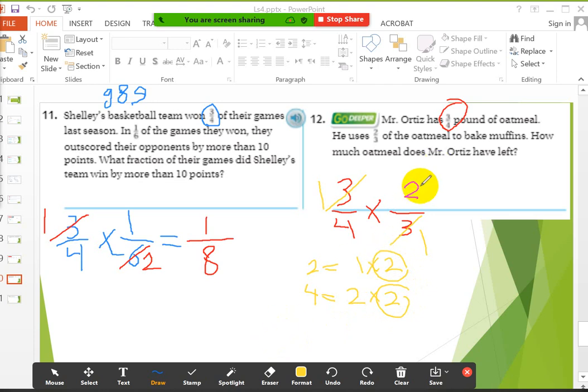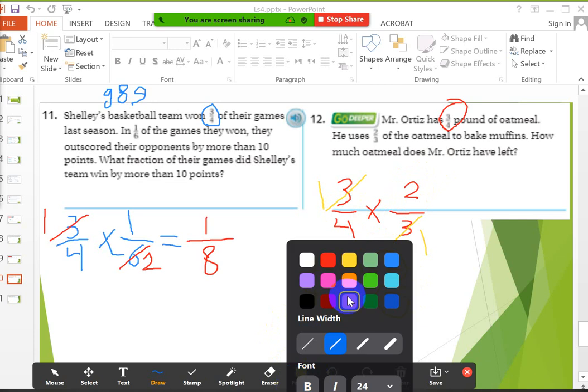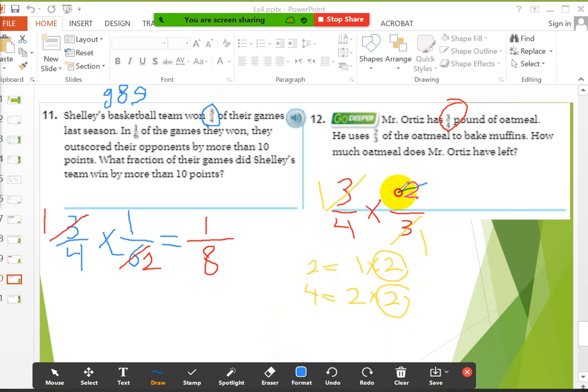So if you divide both numbers by 2, what will it be? Let's divide. 2 divided by 2 equals 1. 4 divided by 2 equals what? 2. Thank you.